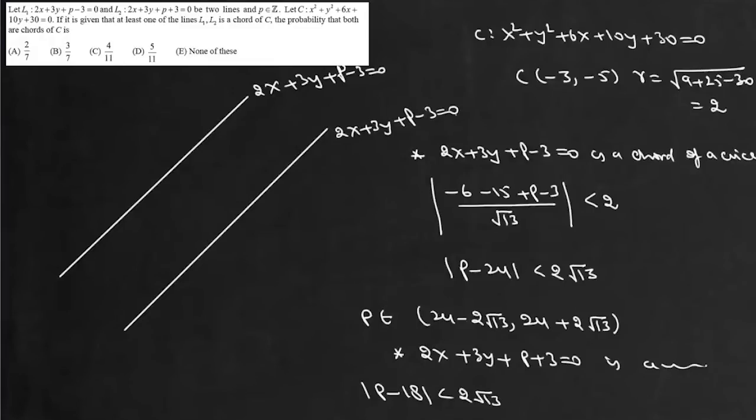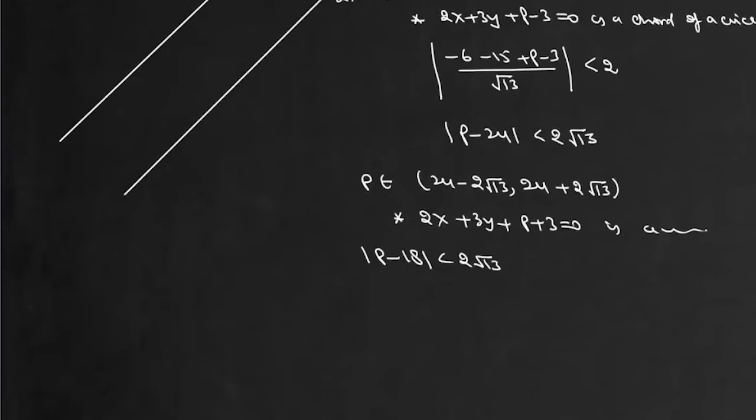So basically the condition will be p should lie between 18 minus 2 root 13 to 18 plus 2 root 13. Now we draw all these solutions on a number line.